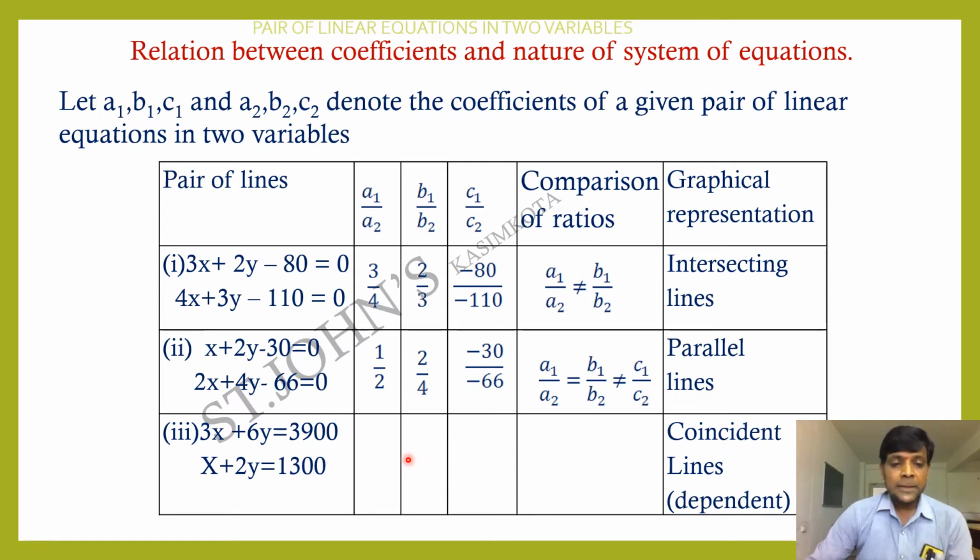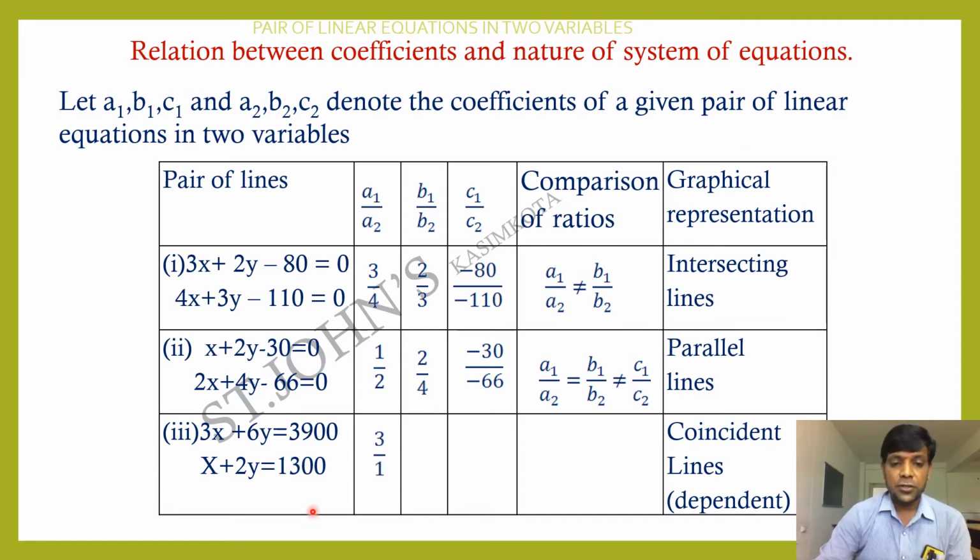And finally the last one: 3x plus 6y equals 3900 and x plus 2y equals 1300. You have to write the ratios. a1 means 3, a2 means 1, b1 means 6, b2 means 2, c1 means 3900, c2 means 1300.